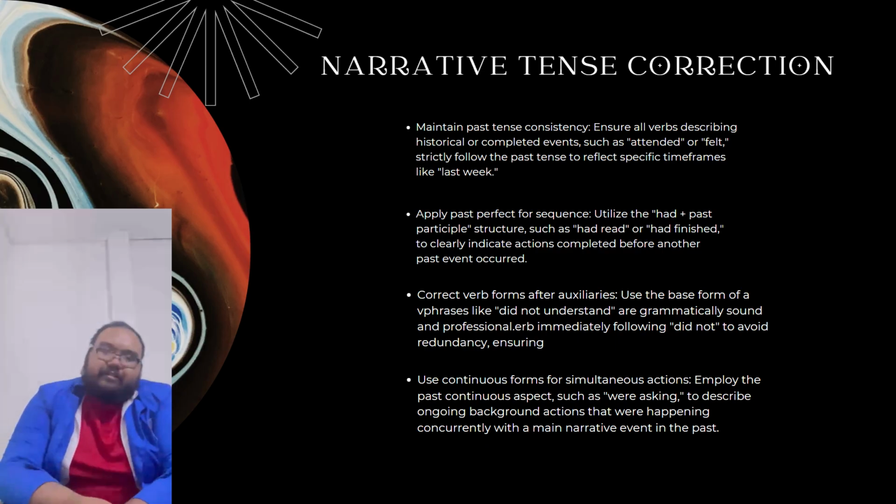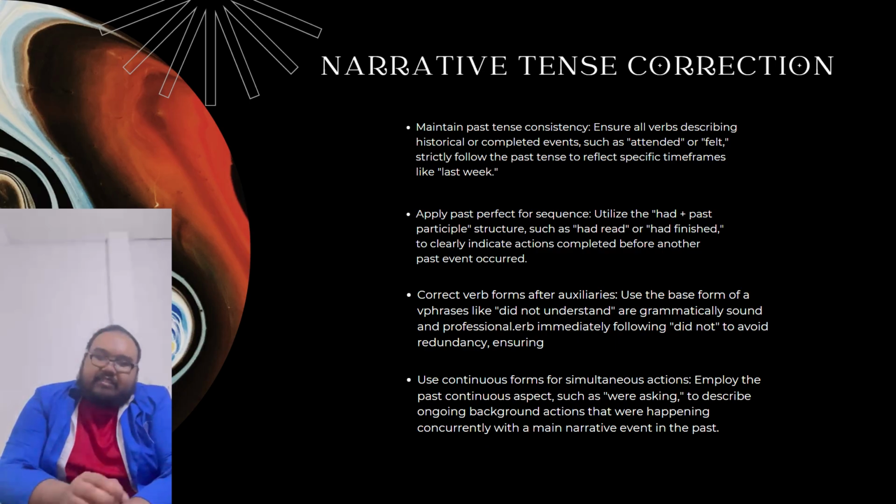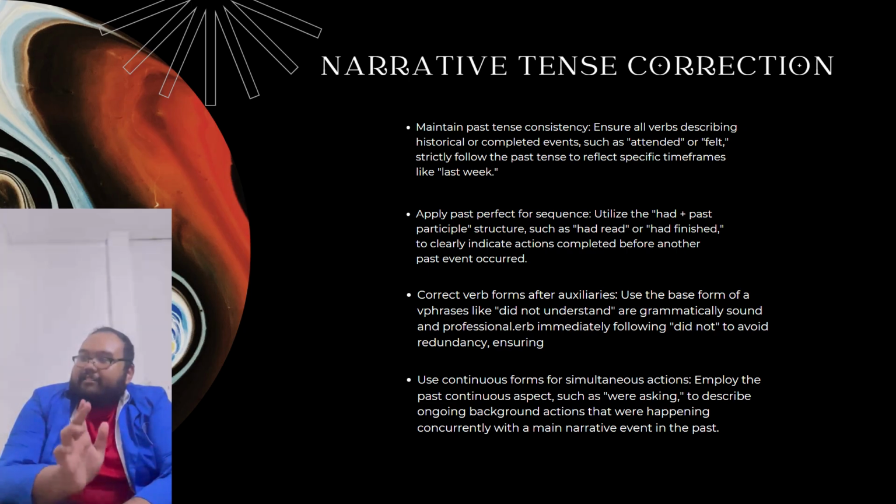The correct verb forms after auxiliaries: use the base forms of verbs, in phrases like did not understand, to be grammatically sound and professional, with the verb immediately following did not to avoid redundancy.